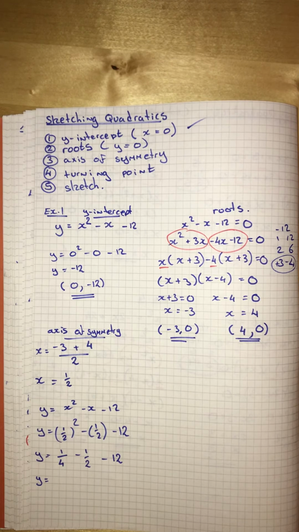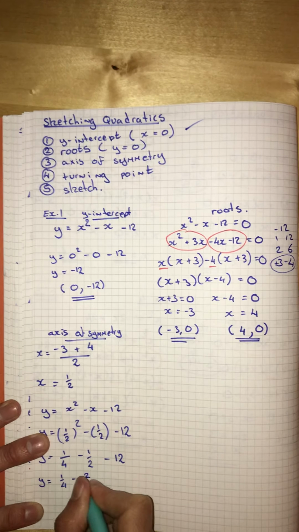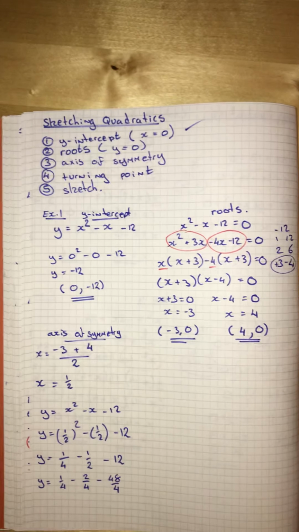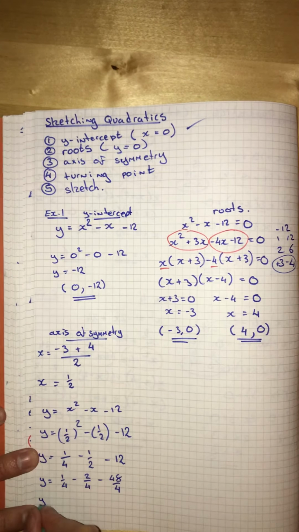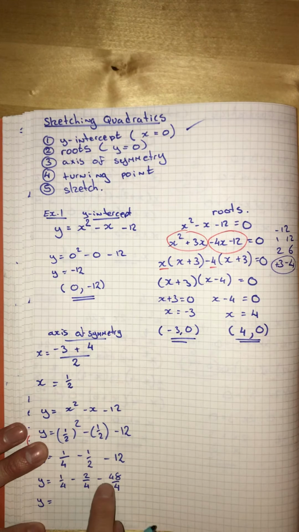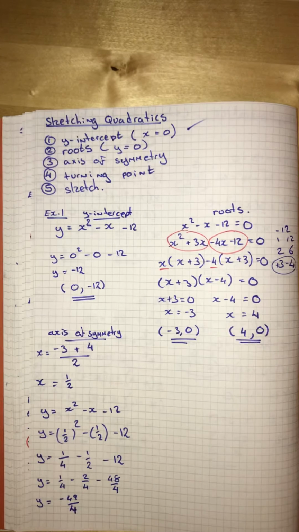So then we need to make sure they all have common denominators. Okay. So 1 quarter minus 2 quarters is negative 1 quarter, minus 48 quarters is negative 49 quarters.